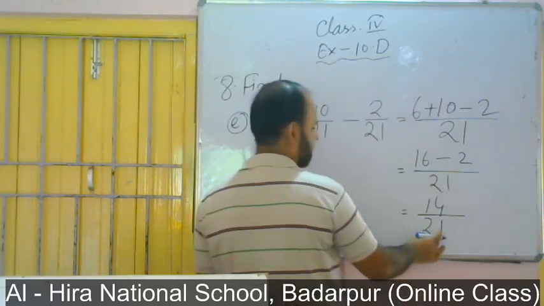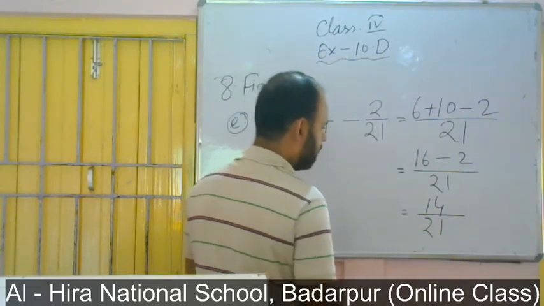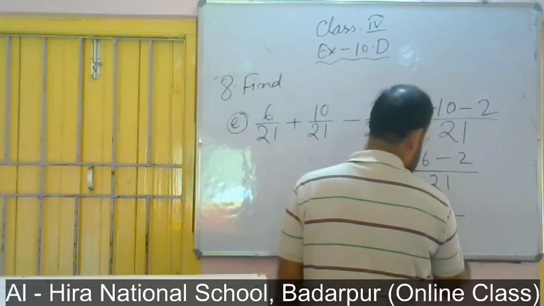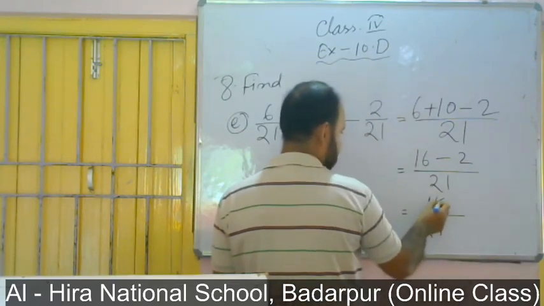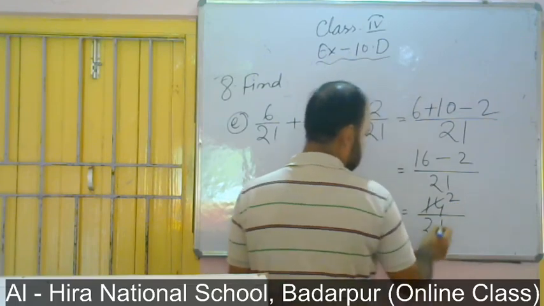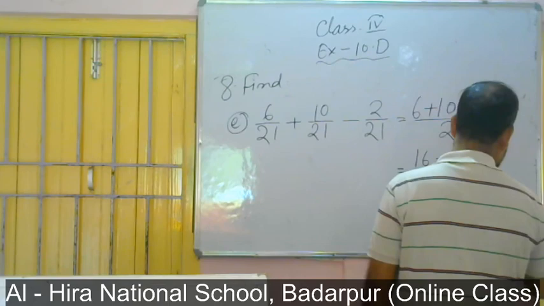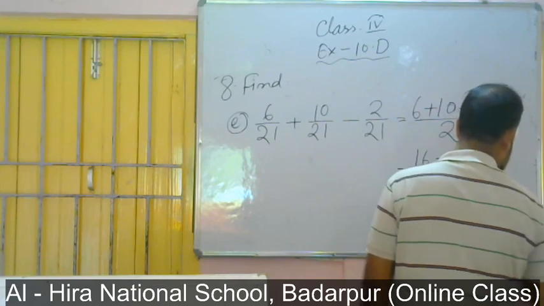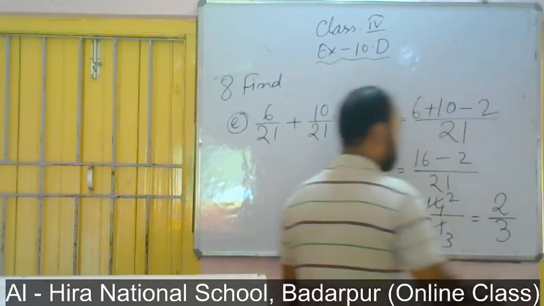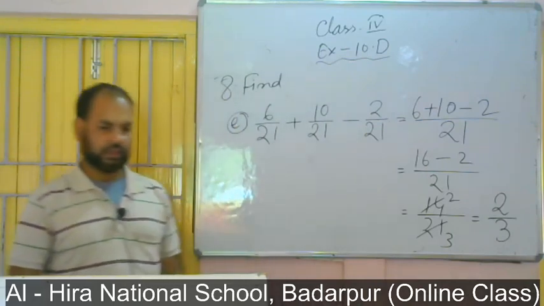The highest common factor of 14 and 21 is 7, so we cut with 7. 7 twos are 14 and 7 threes are 21. The answer is 2 by 3.